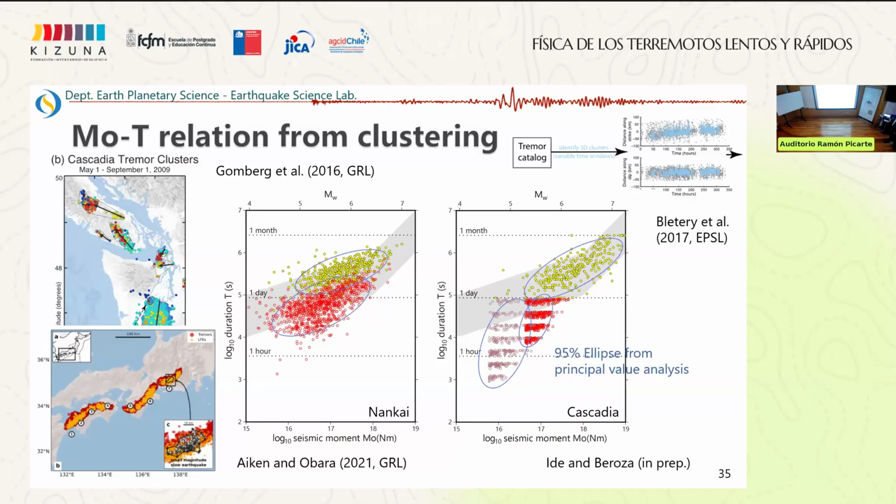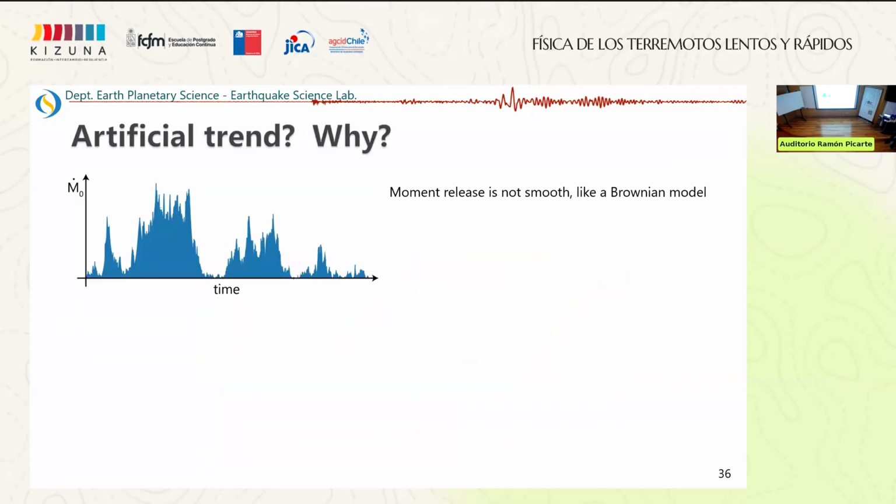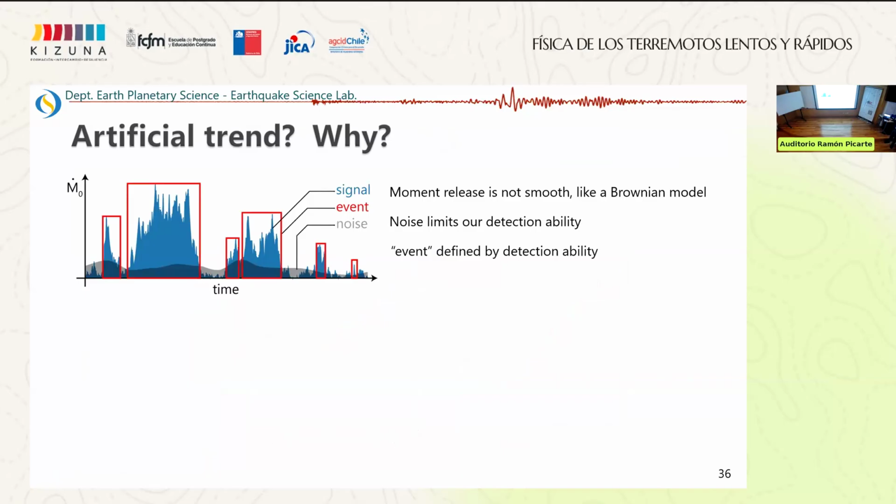Why does this kind of thing happen? Actually, what we explained is this: the real slow earthquake signal must be like this, with high frequency fluctuation and low frequency continuous slip. But what we can observe is just this noise. So everything is limited. And we recognize an event as a part of this upper part that is over the noise level.